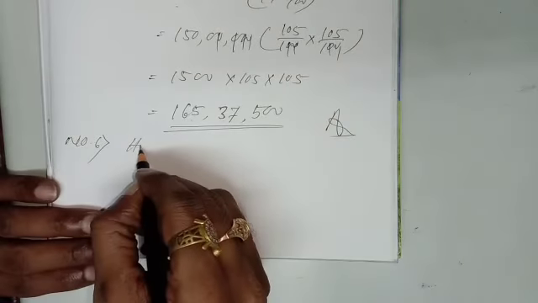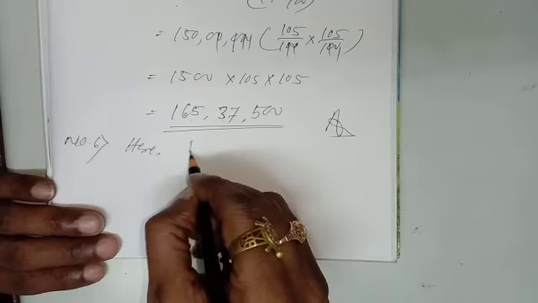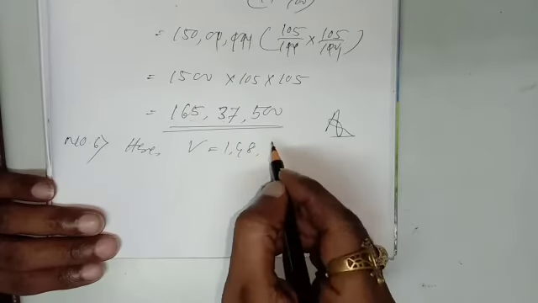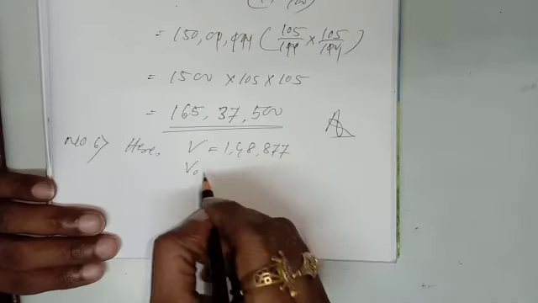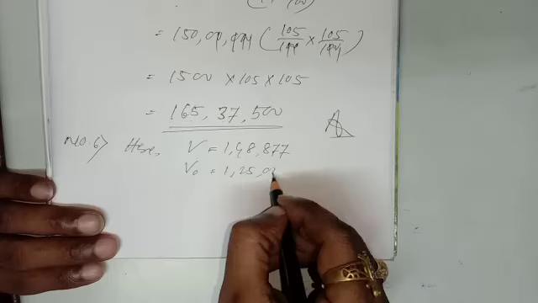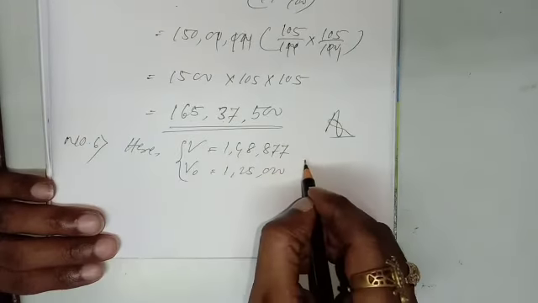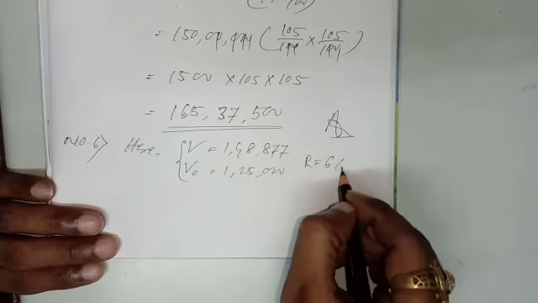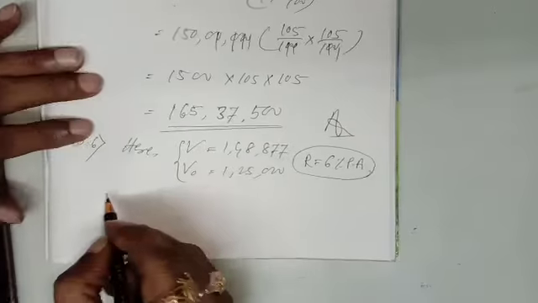I am directly writing it here. V means final population, 1,48,877. Initial population was 1,25,000, and the rate of growth is given 6% per annum. You have to find the time.